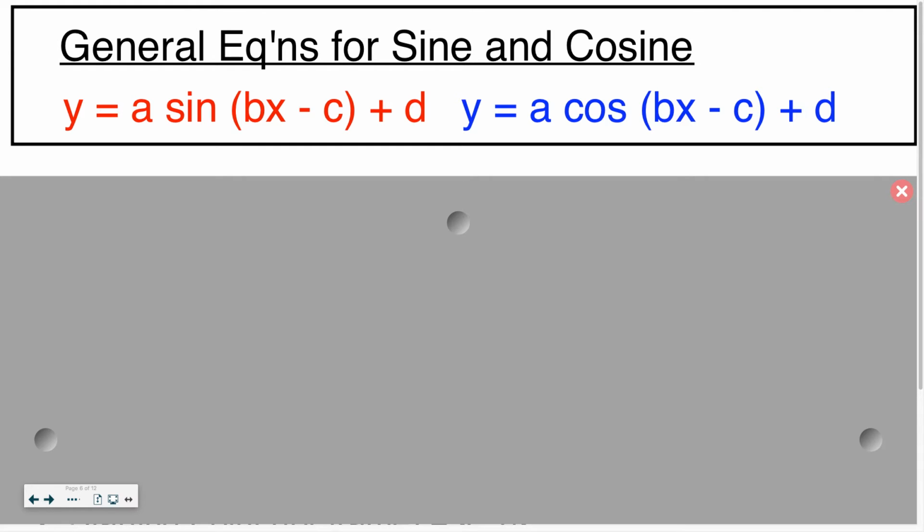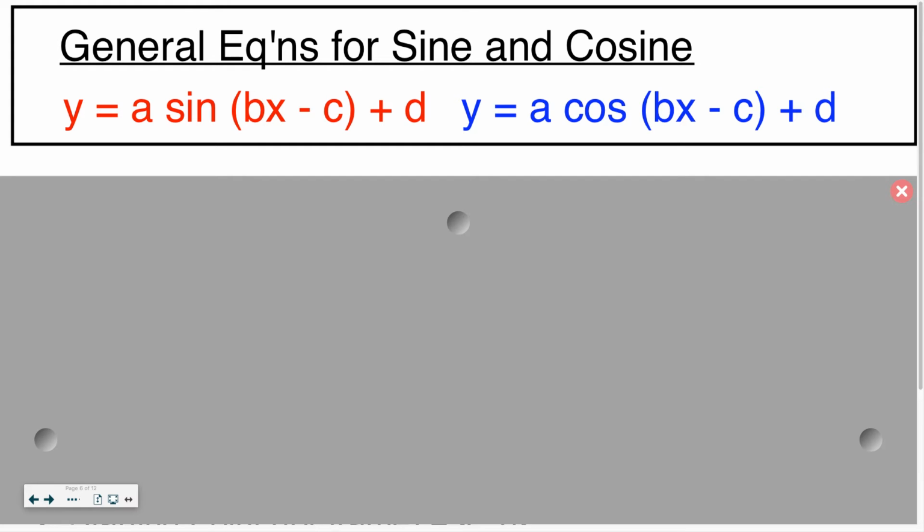If you can take a trip down memory lane to Algebra 2 and first semester for us, these are essentially going to start describing the same things we've always been doing, but we've been doing them with A's, H's, and K's. A's were responsible for vertical stretches and shrinks if they were outside of the function like this. And so that would make our wave taller or shorter.